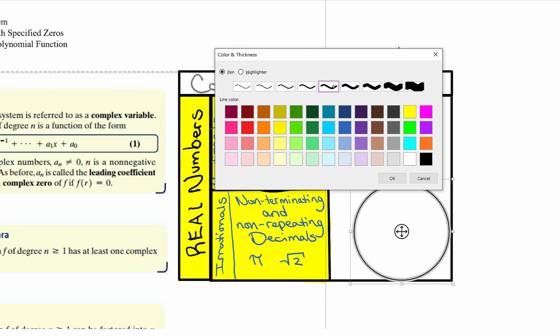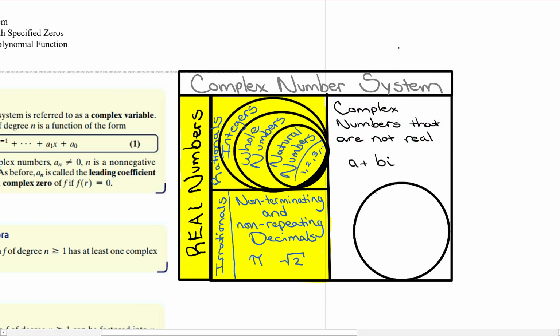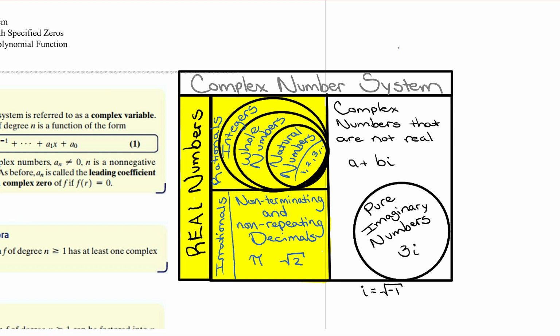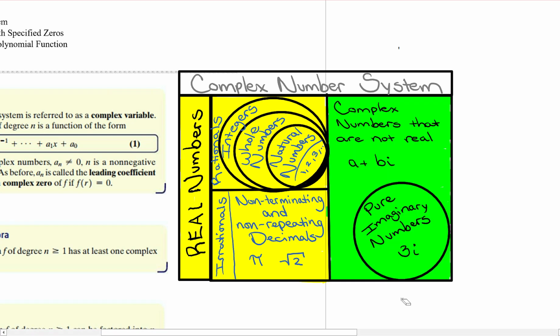So pure imaginary numbers would be numbers that just have that imaginary part. So they could be numbers like i, or maybe a number like 3i, something like that. You could also have a negative 3i. By now, hopefully everybody knows what i is. It's the imaginary unit, right? The square root of negative 1. So hopefully everyone remembers what i represents.